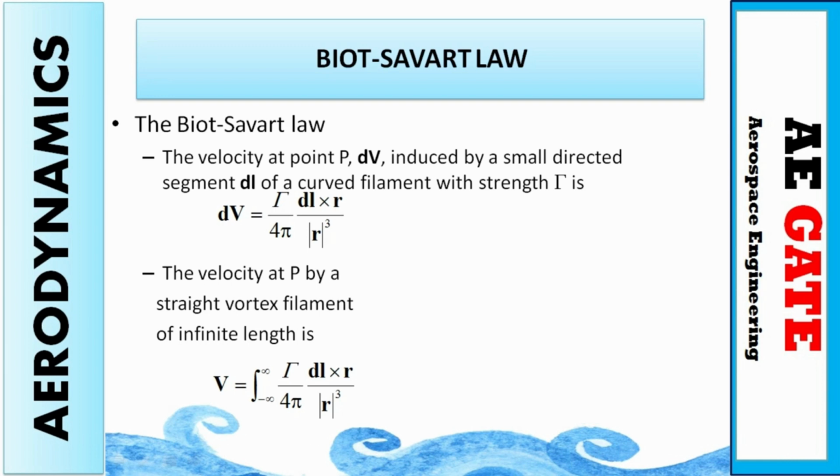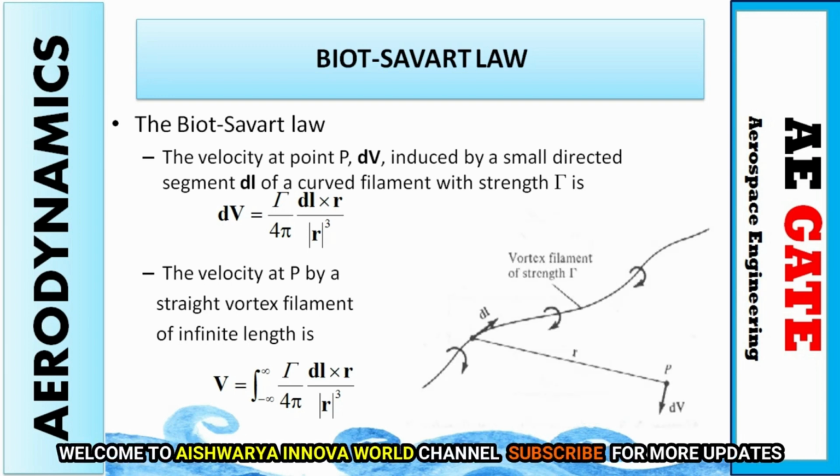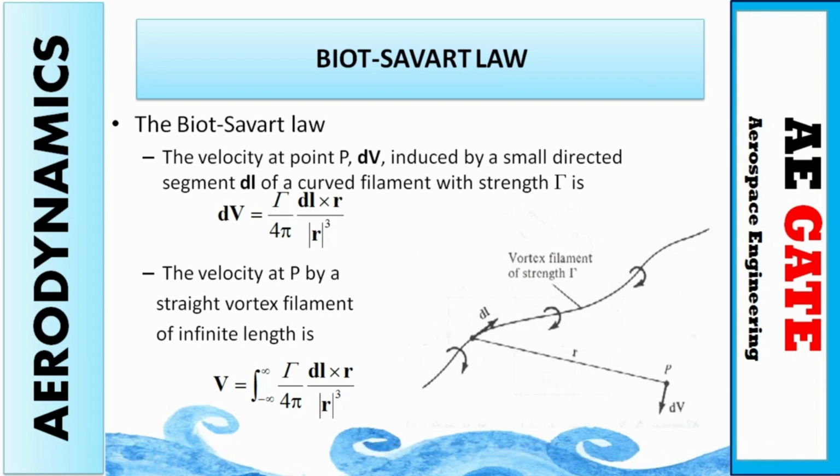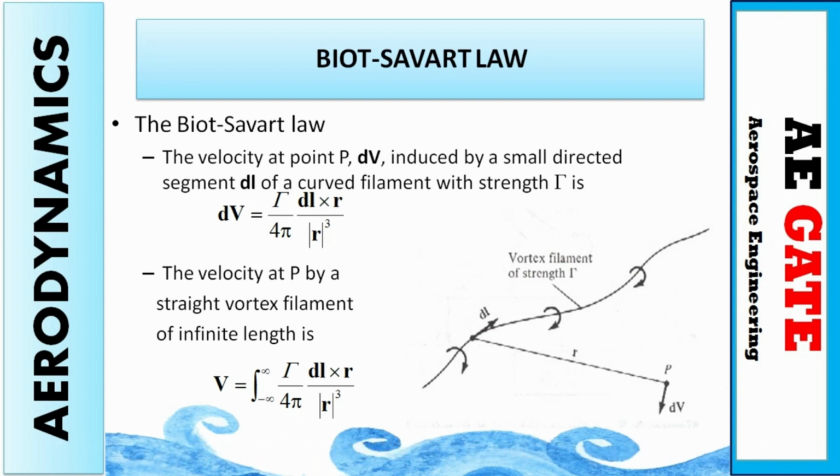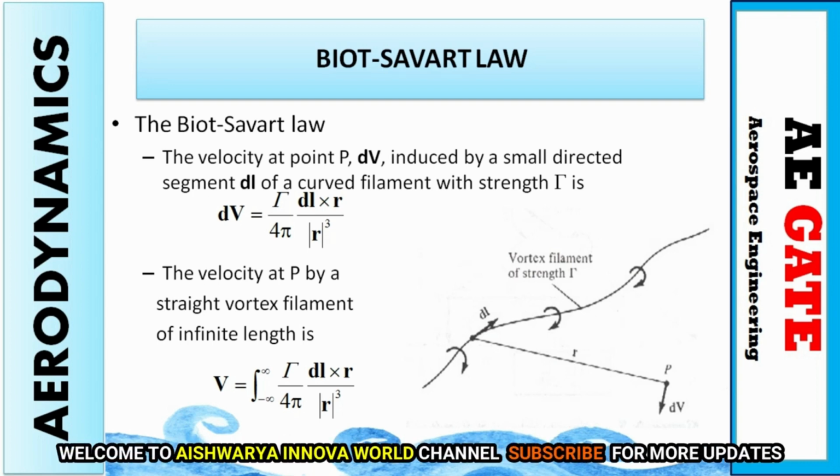The velocity at a point, as displayed on your screen, is induced by a small segment dl of a curved vortex filament with a strength of gamma. That is the circulation, and the distance between the point and the filament is denoted by r.